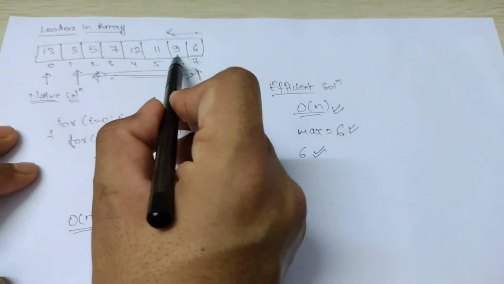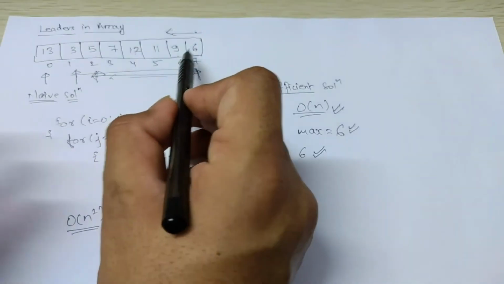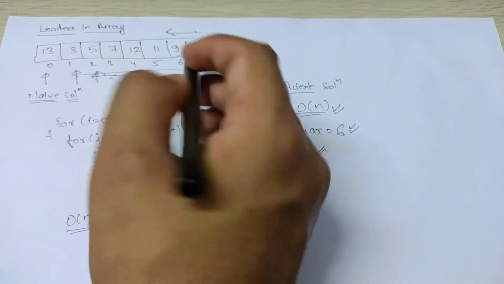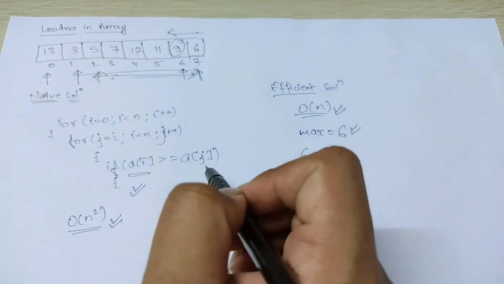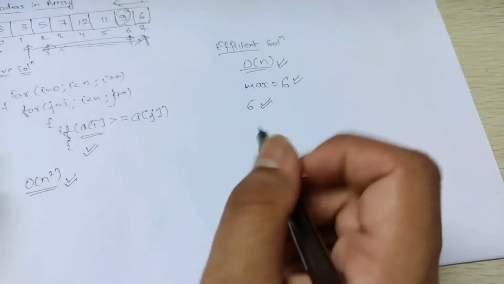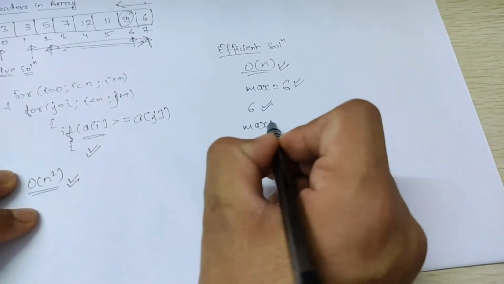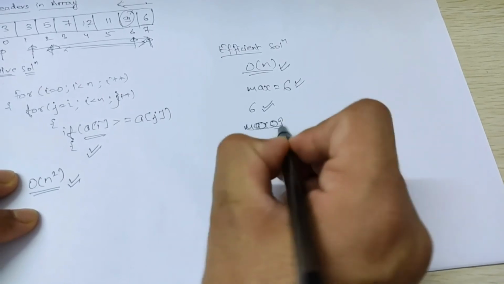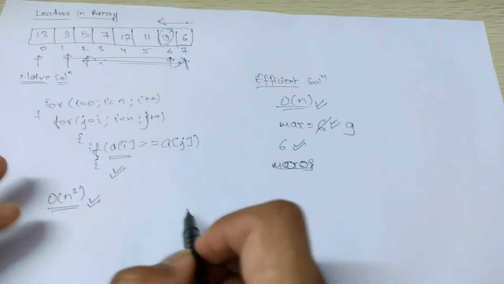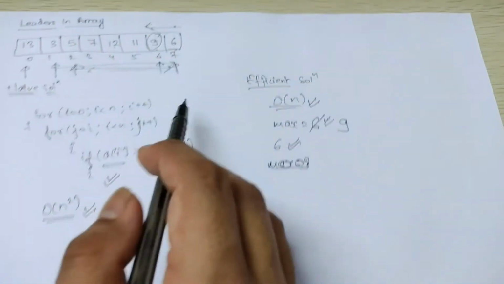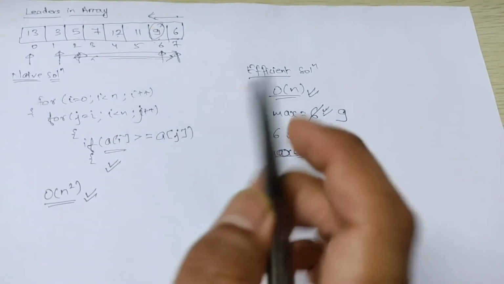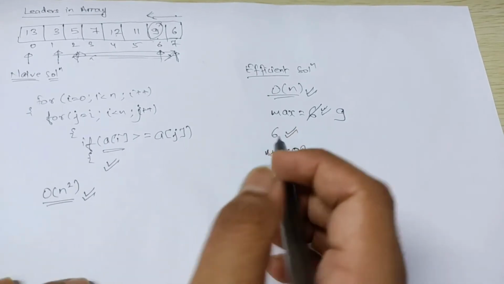Now you move to the left. Now you come to 9. Okay, now you compare 9 with 6. If 9 is greater than 6, then the maximum element will become 9, and thus it is a leader.